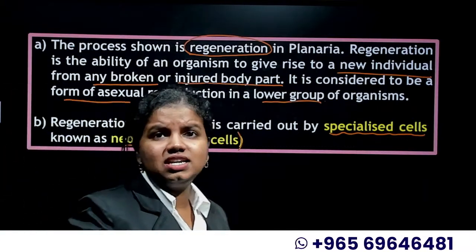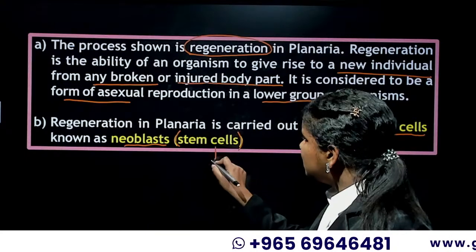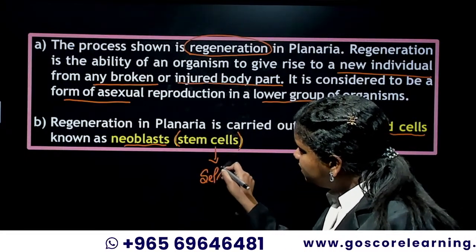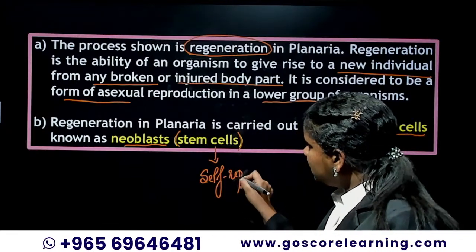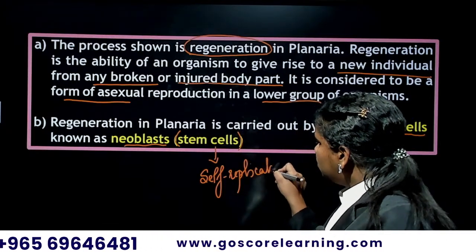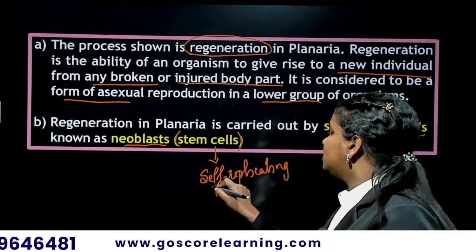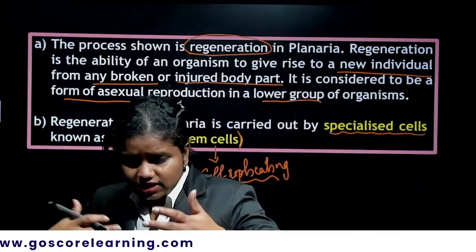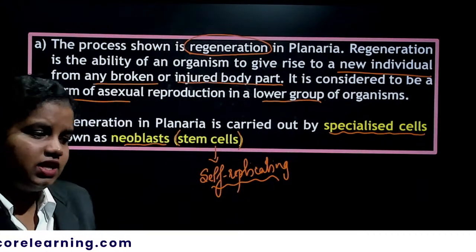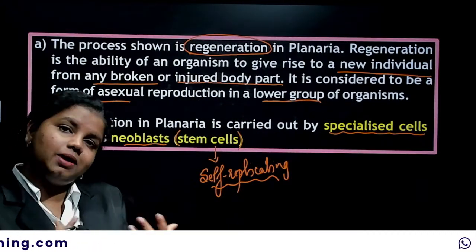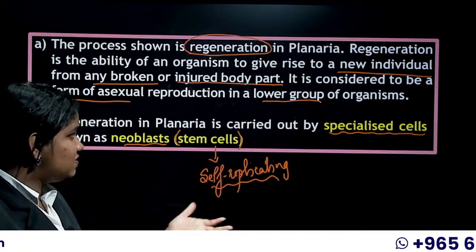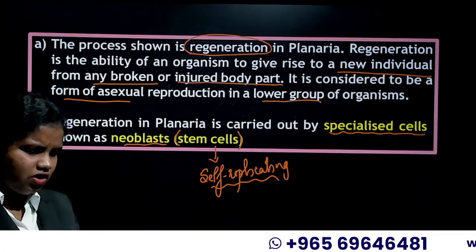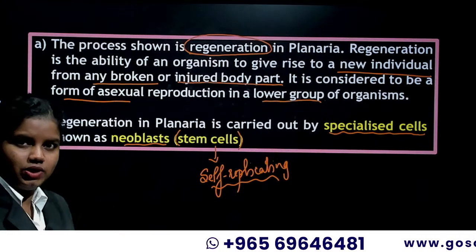Stem cells are the cells which have self-replicating or rejuvenating capacity. They can rejuvenate, they keep replicating in such a way that they can generate new cells from themselves. They never go old, they always rejuvenate.